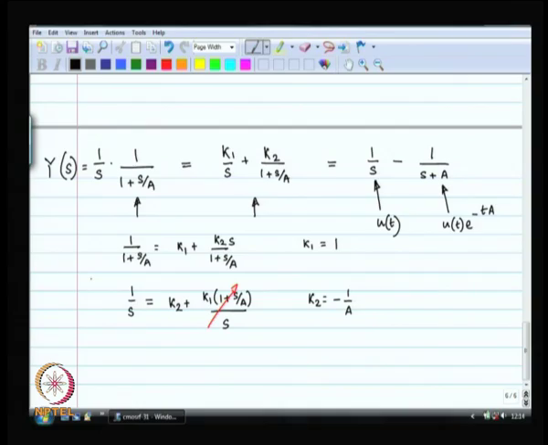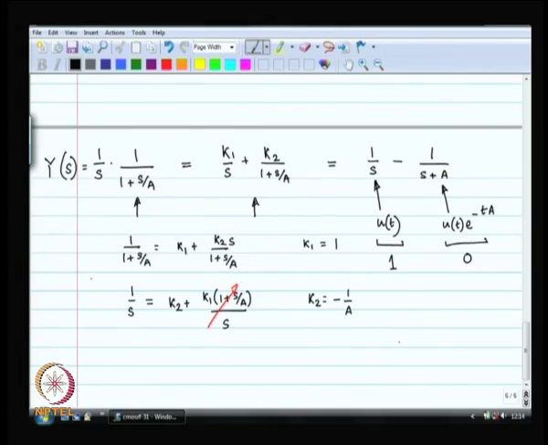All right. So, as time t tends to infinity, I get 1 and I get 0, which means I get exactly equal to 1.